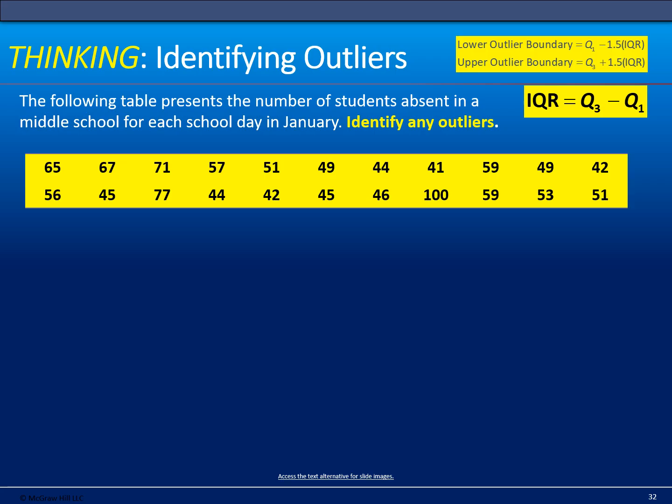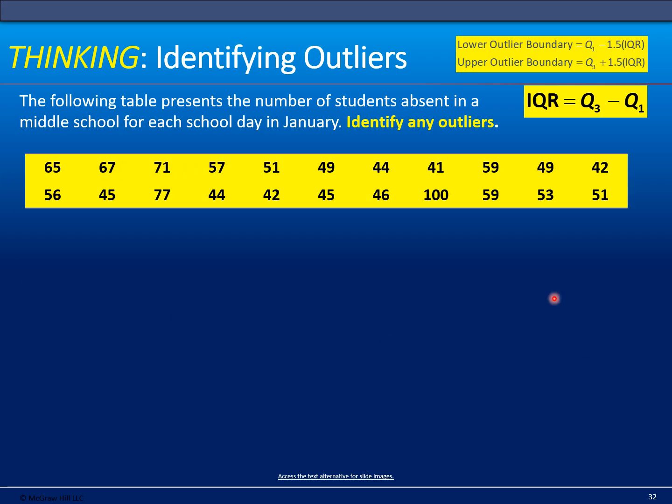The following table represents the number of students absent in a middle school for each day. Identify any outliers. Again, try this. You should be able to calculate quartile 1, quartile 3, and then the upper and lower boundaries. So here we have 1, 2, 3, 4, 5, 6, 7, 8, 9, 10, 11.